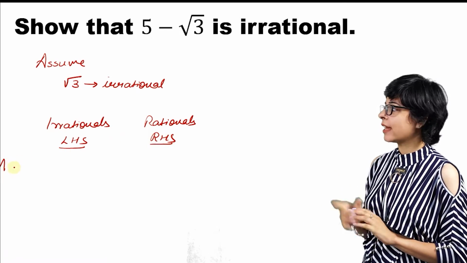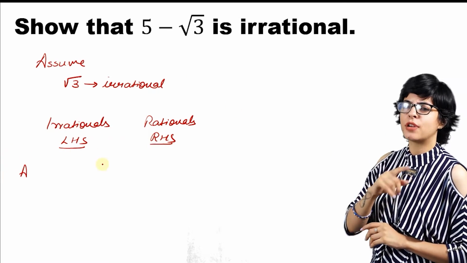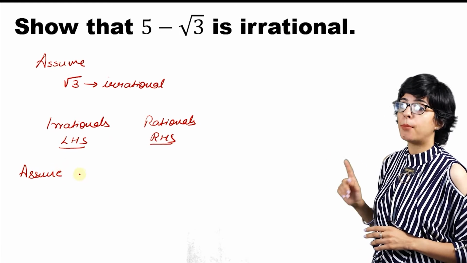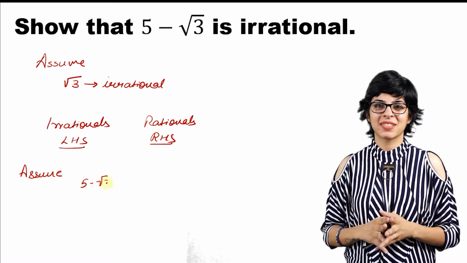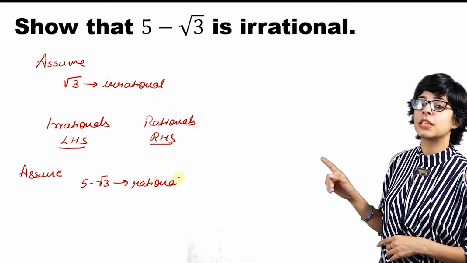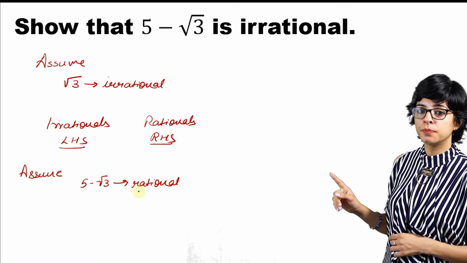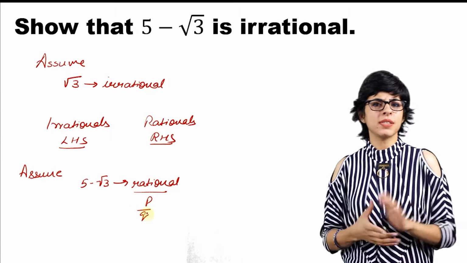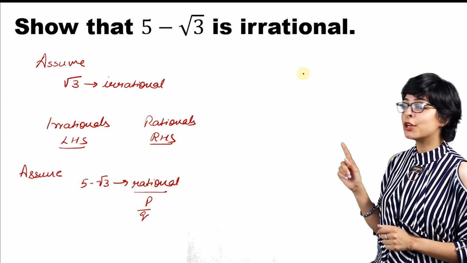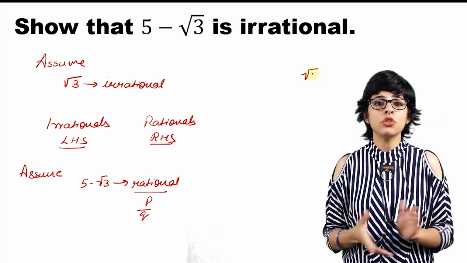Now let us assume that 5 minus root 3 is a rational number. Therefore, we can write it in the form of P upon Q. Now my approach says that if I write it in this form, then root 3 is equal to P upon Q minus 5. Now we see that all these three numbers or variables, that is P, Q and 5, are integers.